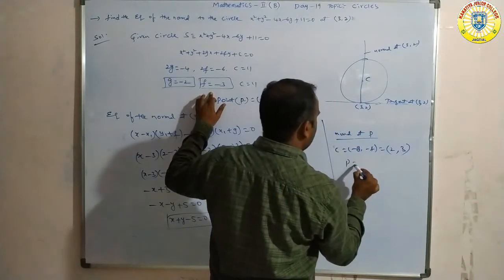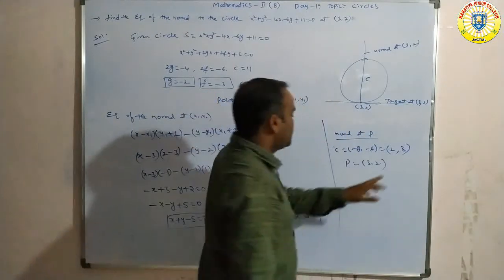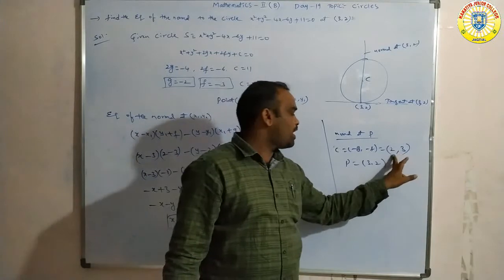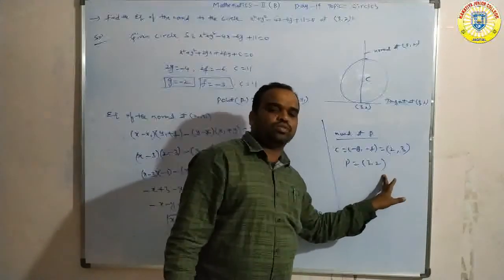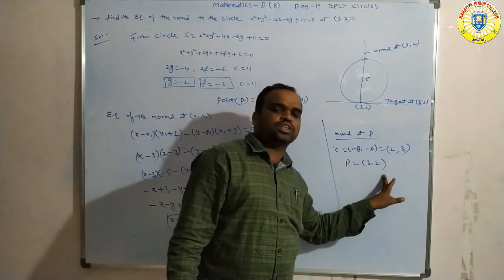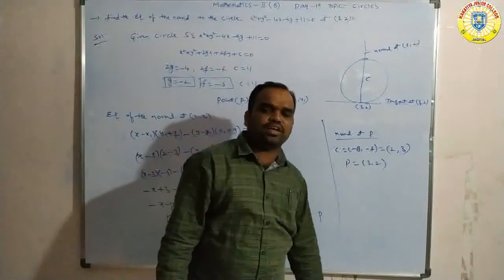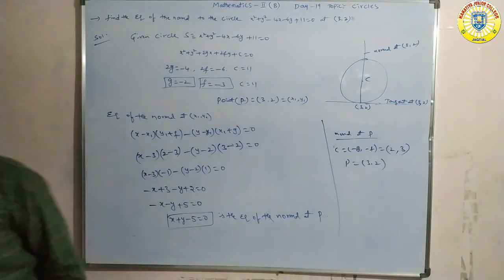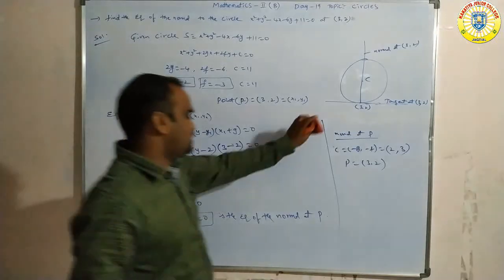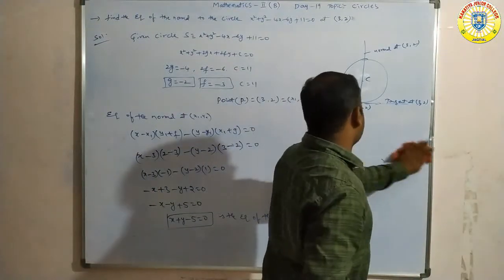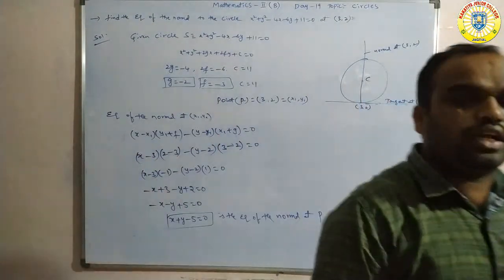So the center is 2, 3, and P is 3, 2. The equation of the line passing through the points 2, 3 and 3, 2 is (x minus x1) by (x1 minus x2) is equal to (y minus y1) by (y1 minus y2). That process we can also do. We will discuss it briefly in the next class. All of you first write this down. Okay, the next class will be continued.